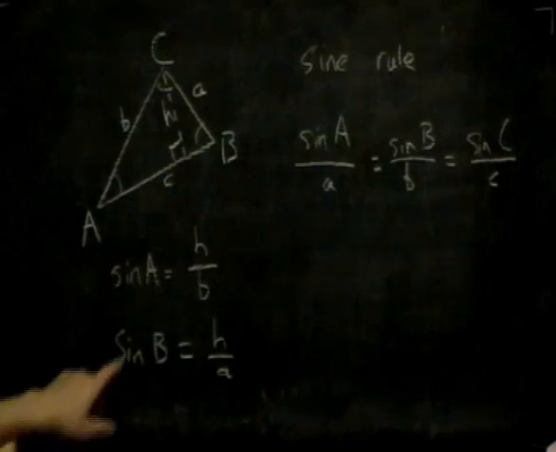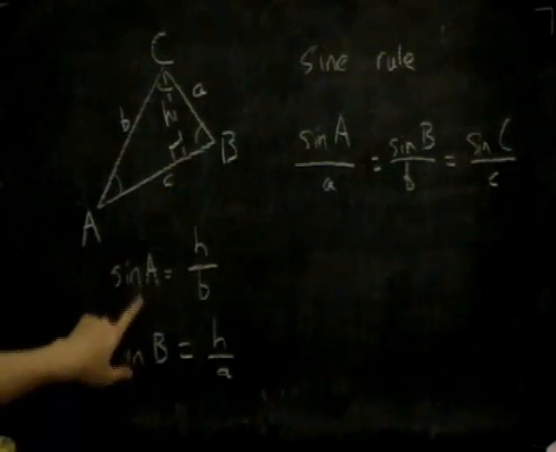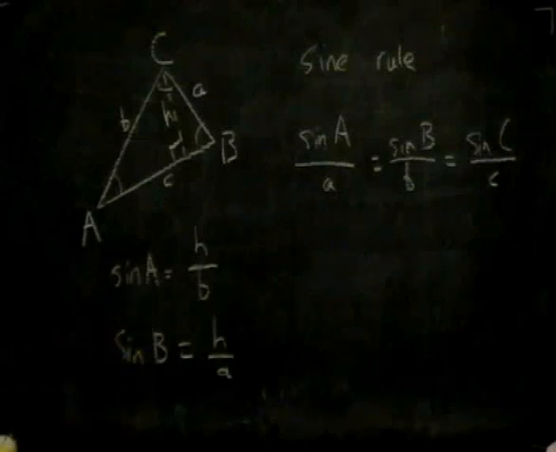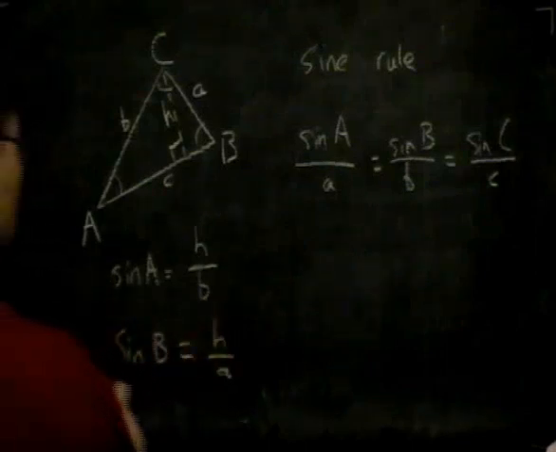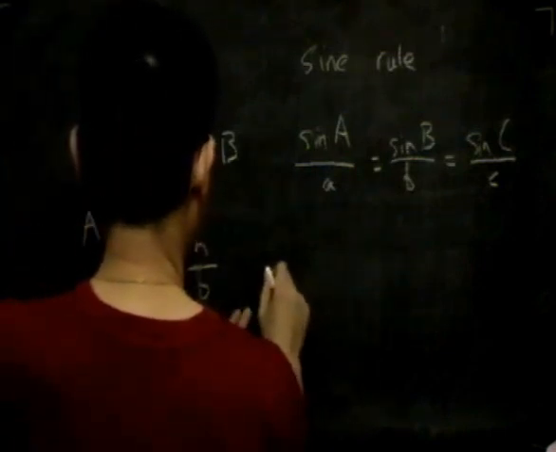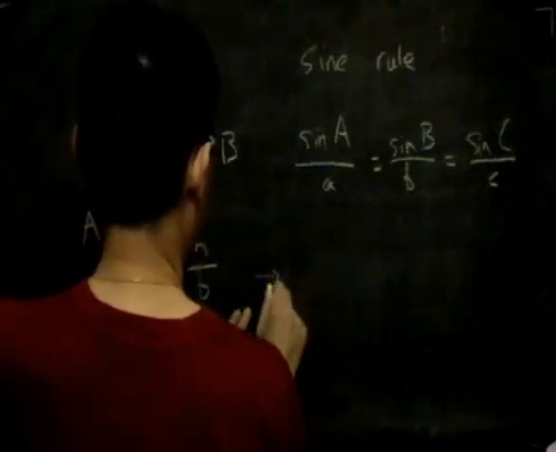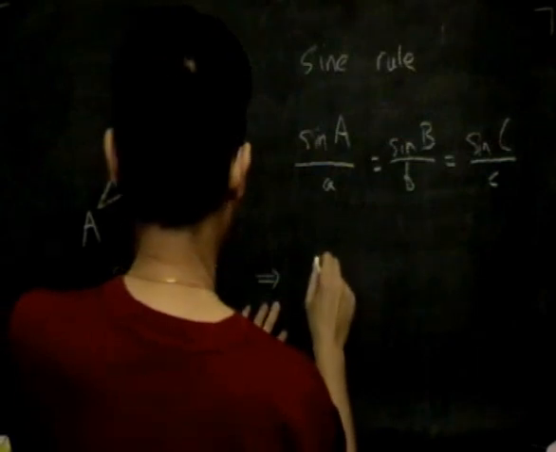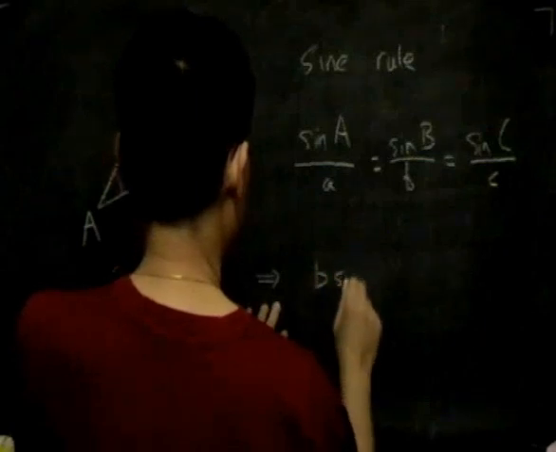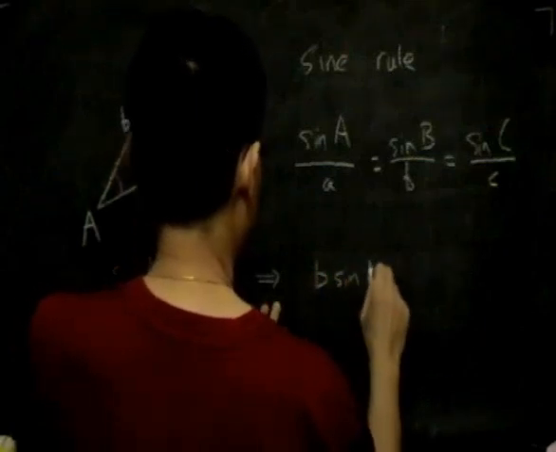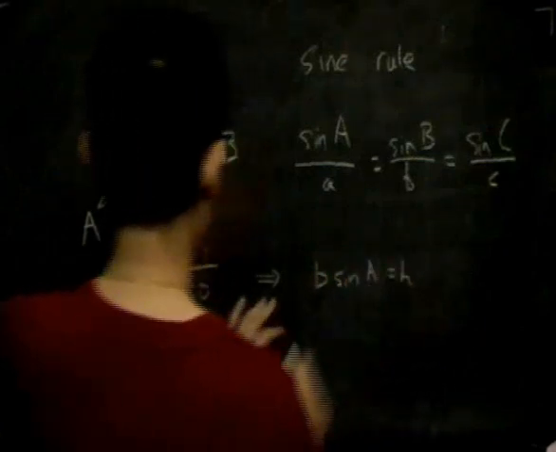Alright. Now let me rearrange those two. Let me bring the b over to the other side. We get b sine A equals h.